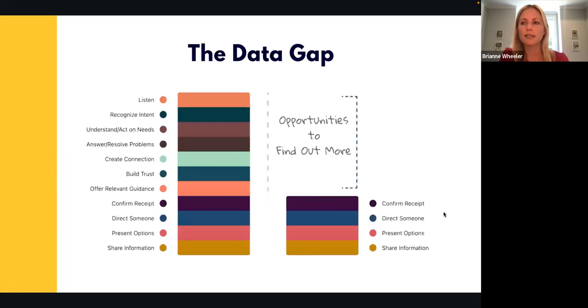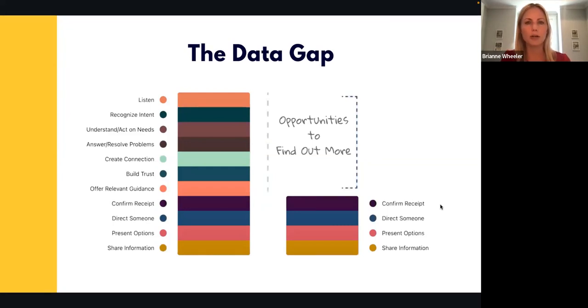The other part I'll say about data is it can just be overwhelming. Just saying, hey, you need more data is kind of empty, because sometimes I feel like I don't need more data. It's overwhelming to me. I need the right data that's going to help me get into action about something. So that's how I think about it, and I try to piecemeal it so that it's not overwhelming.